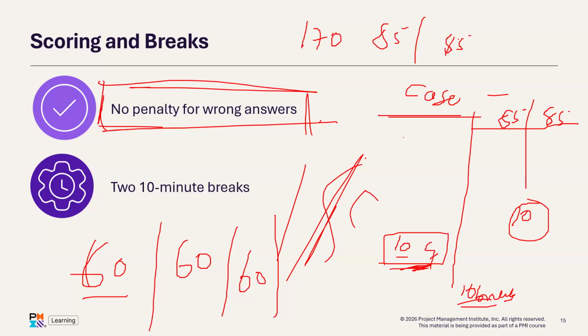So you finish your case study, you answer your 10 questions, the proctor gives you a 10-minute break, you come back, you cannot come to this. You finish this, you take your 10-minute break, you come, you cannot come back to this.